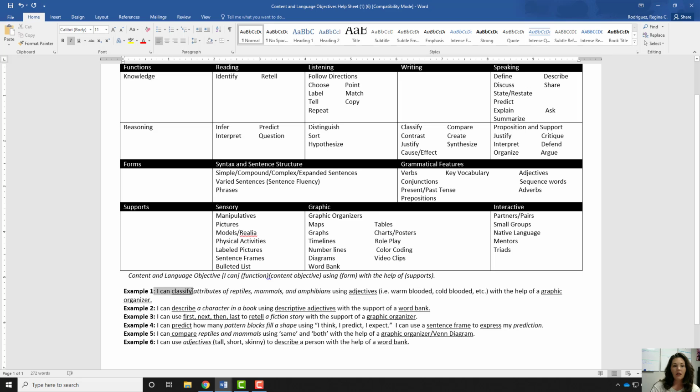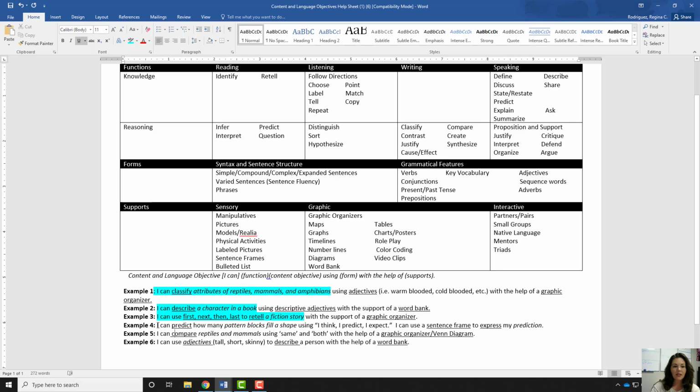I can classify attributes of reptiles, mammals, and amphibians. That would be the content objective for a science class. I can describe a character in a book. That would be the content objective for an English language arts class. I can use first, next, then, and last to retell a fiction story. That would also be English language arts.